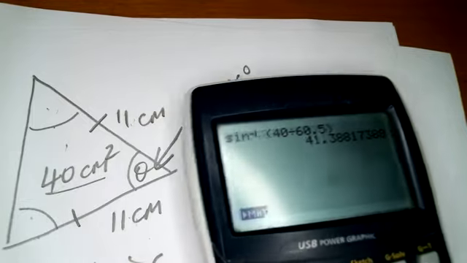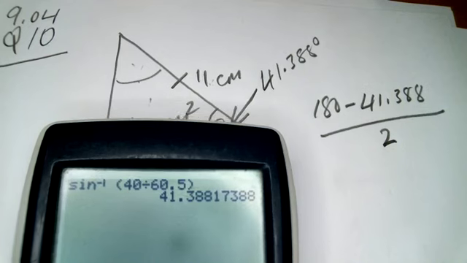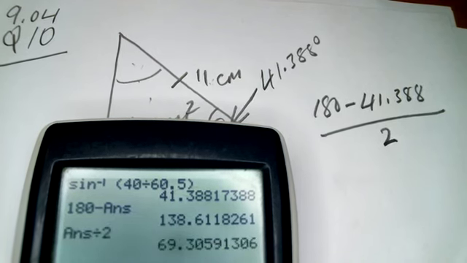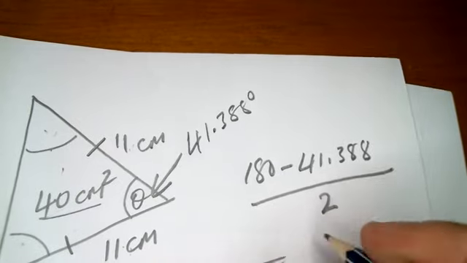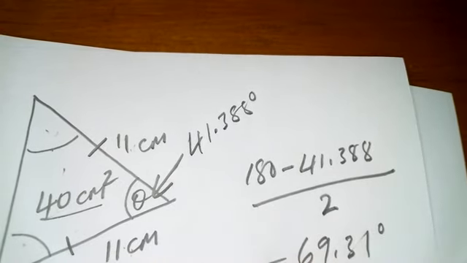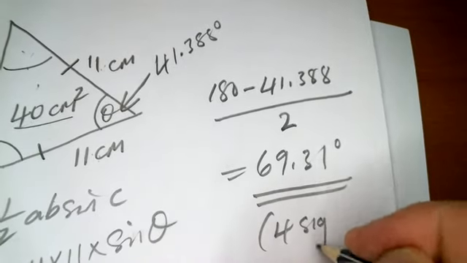So I'm going to take 180, subtract the 41 which I just got, and divide the whole thing by 2. And it's 69.31 degrees.